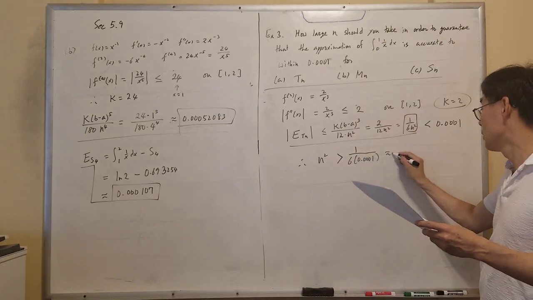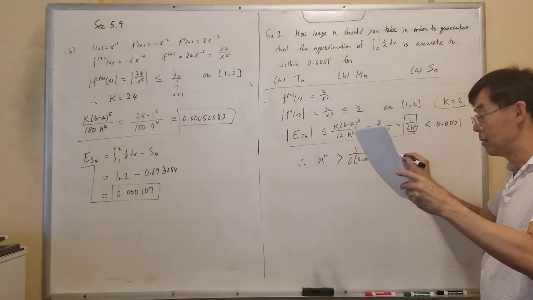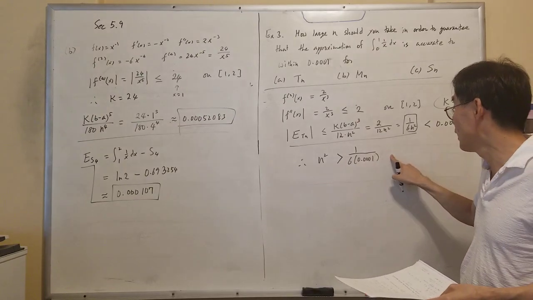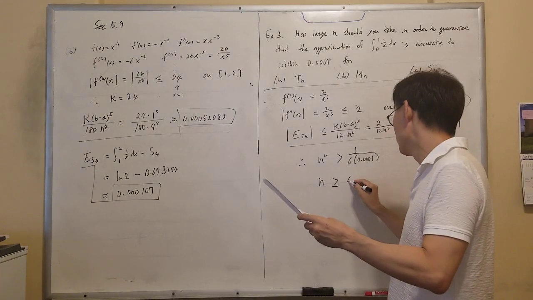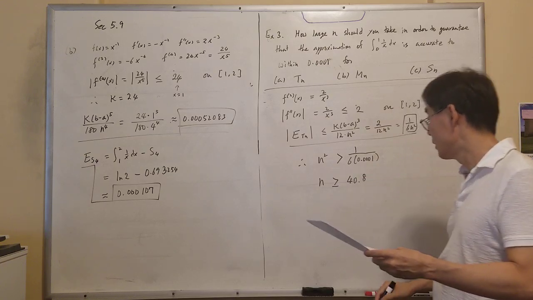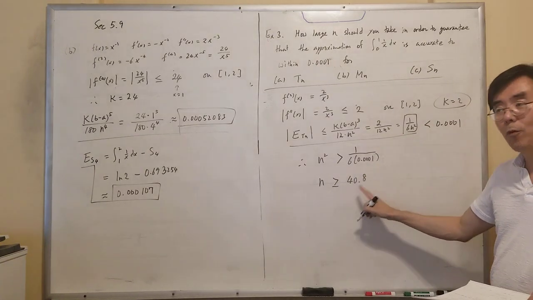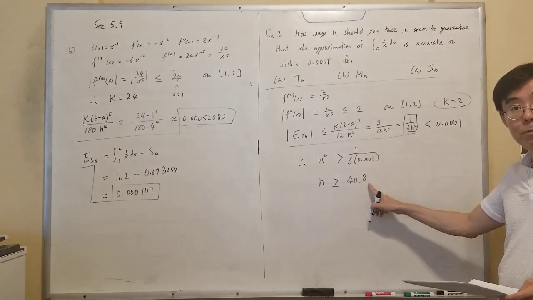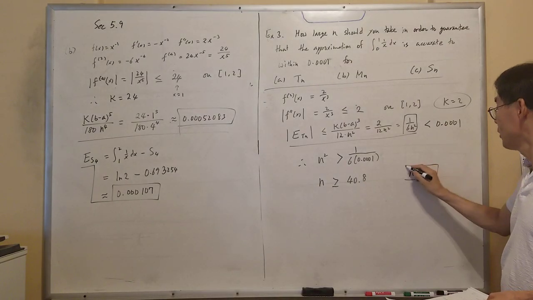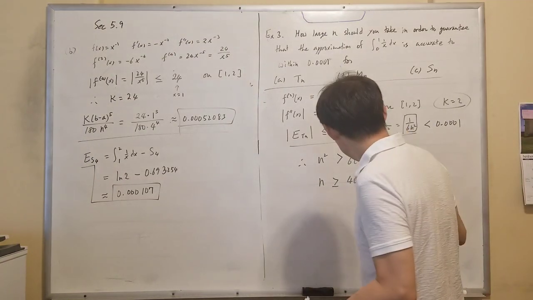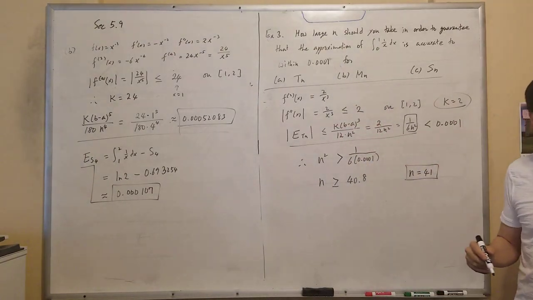And then you have to take the square root. That means n must be greater than or equal to about 40.8. So 40 is not enough, 41 should be enough. So to be absolutely sure, we have to choose 41.